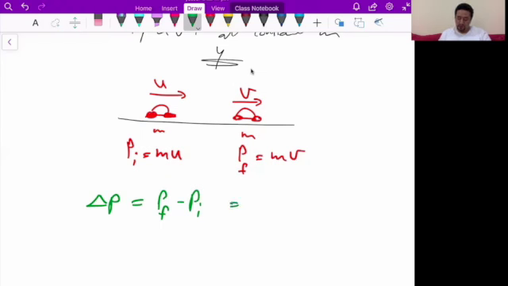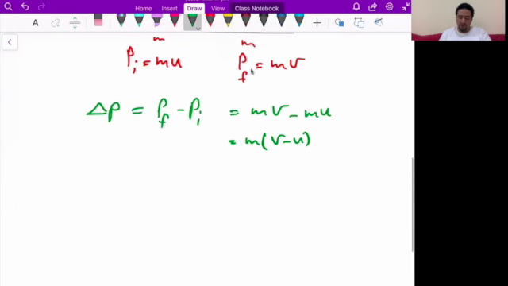Final momentum is mv minus initial momentum mu. I'm going to take m as constant. Most of the time, the change in the mass is very, very small if we have a car, due to the consumption of fuel, but we are going to ignore it. So the change in momentum is equal to m times (v minus u), or we can say the change in momentum is equal to mass times change in velocity.